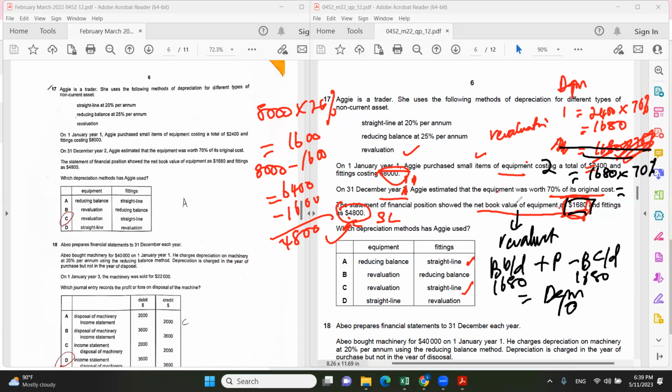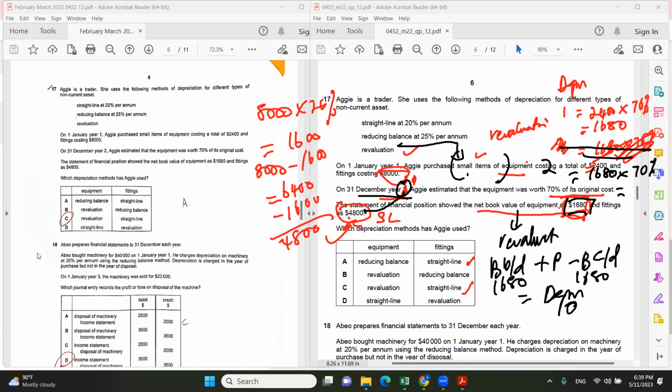Sounds like this second year refers to the fitting, not this one, because the revaluation second year seems to be 0. Normally, when we see small items, we will use the revaluation method. Can you understand? Okay. Now, I believe this one has some issue on it.